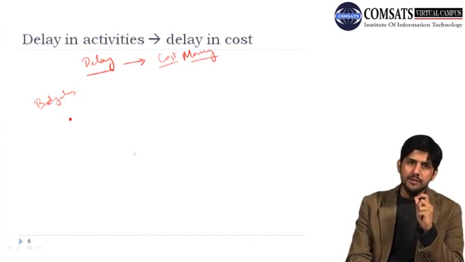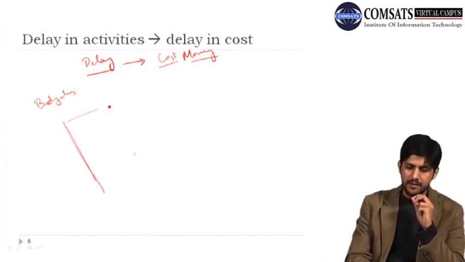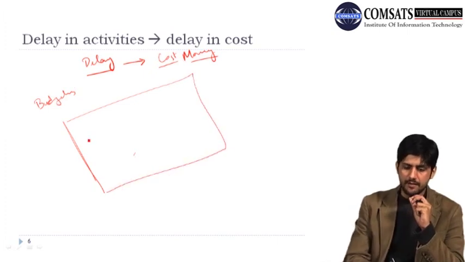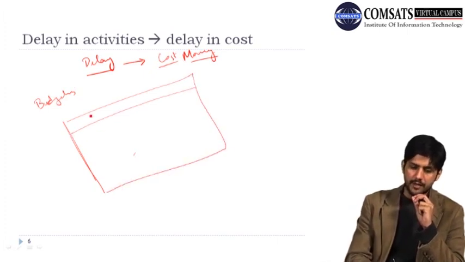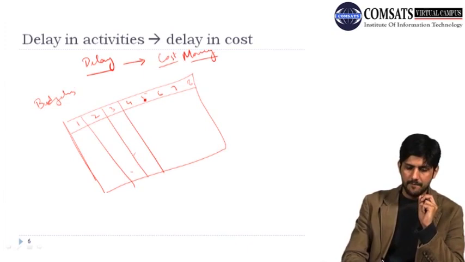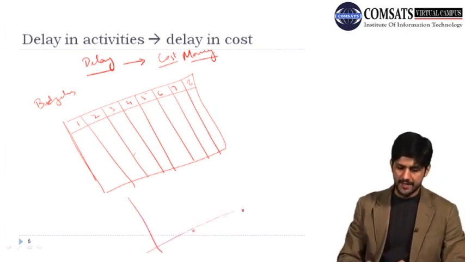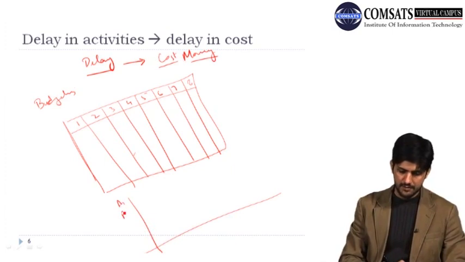I've already shown you a Gantt chart, and the Gantt chart was very simple. So we said that our project is of 8 days. So let's say 1, 2, 3, 4, 5, 6, 7, and 8. And we'll make the Gantt chart as well, so that things remain very clear.